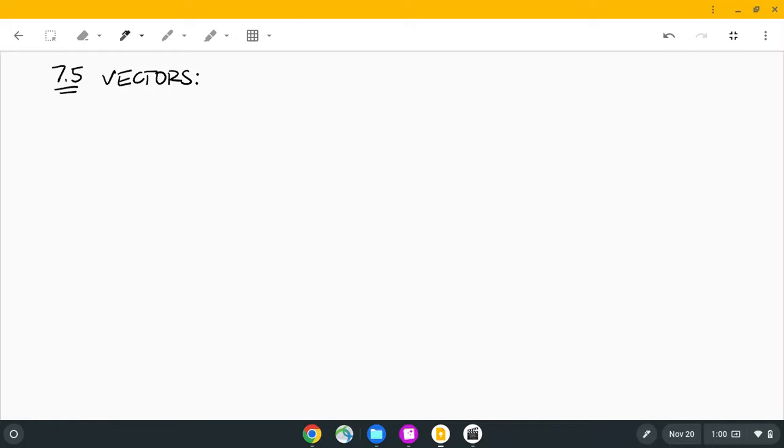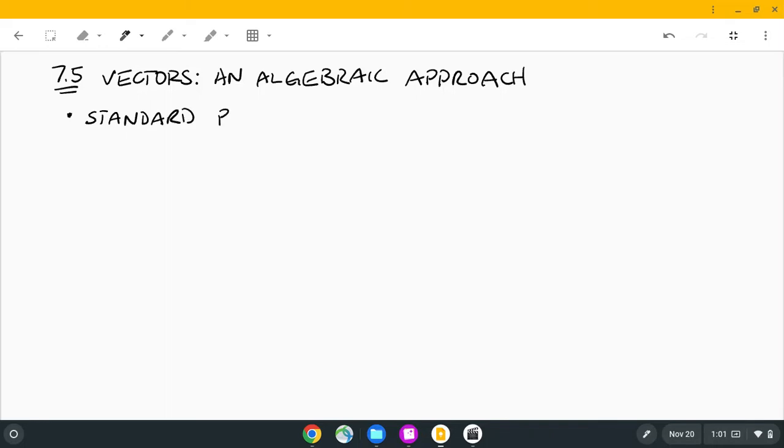Okay, so vectors, an algebraic approach. What we're going to look at when we talk about vectors is what it looks like when a vector is in standard position. We are going to look at what a unit vector is. If you know what a unit circle is, you can imagine what a unit vector might be.